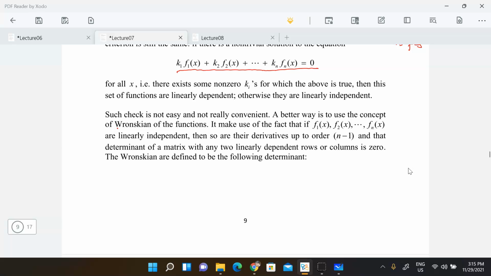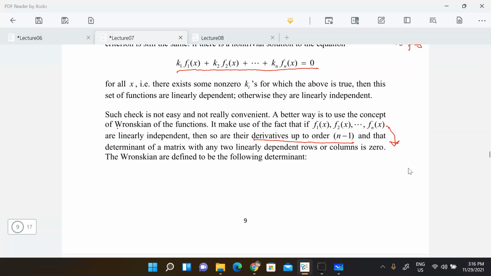So you have a set of functions, and this can be linearly dependent. The assumption here is that if you have n functions, you need to be able to find the derivatives up to order n minus 1 in order to be able to see whether each of these functions is linearly independent or not.